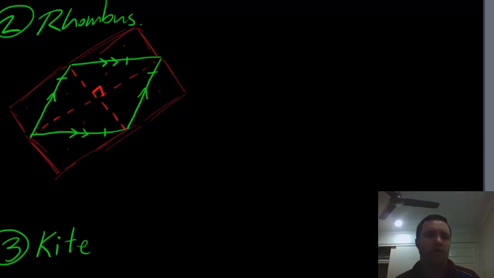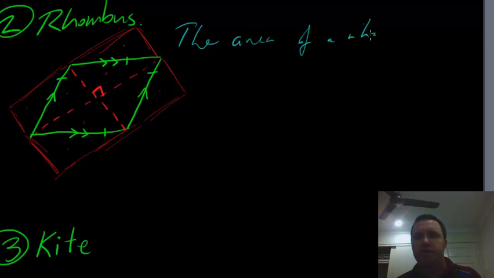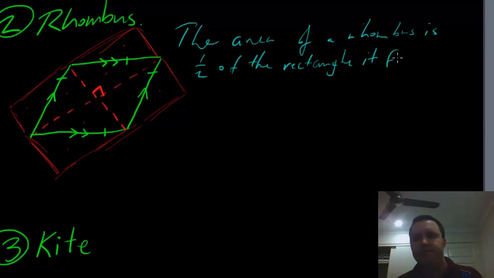So what we end up having is that the area of a rhombus is half of the rectangle it fits inside. It's a basic way of talking about it.